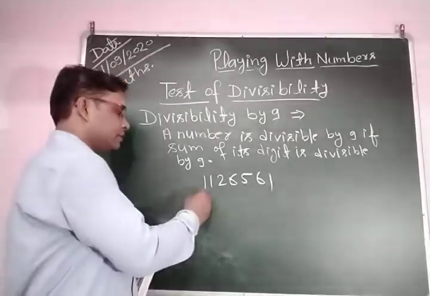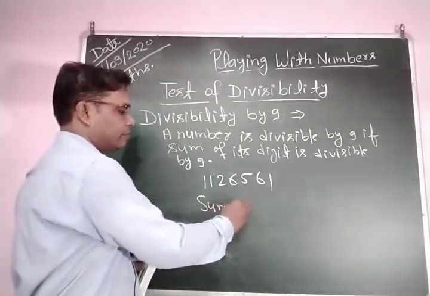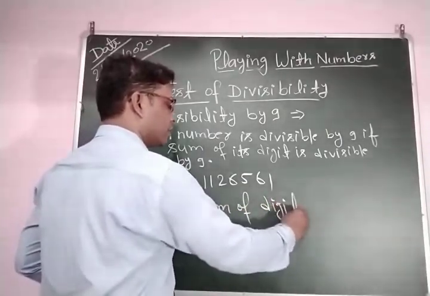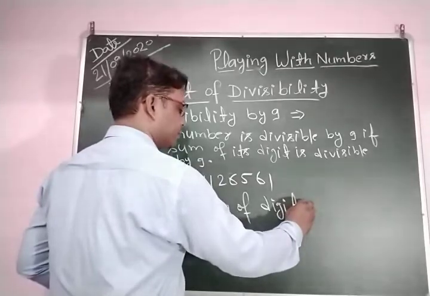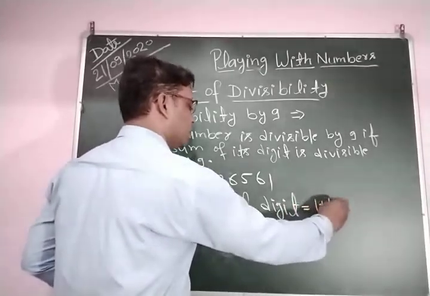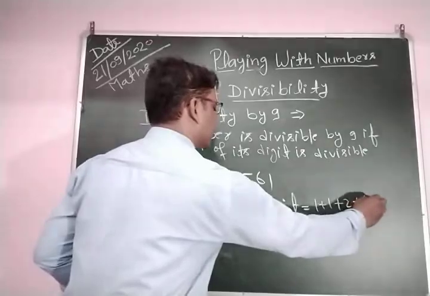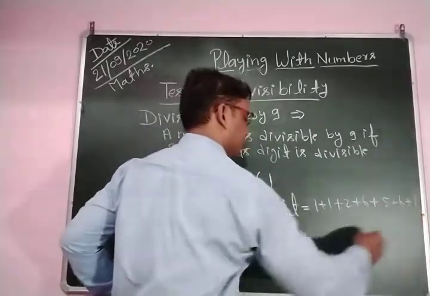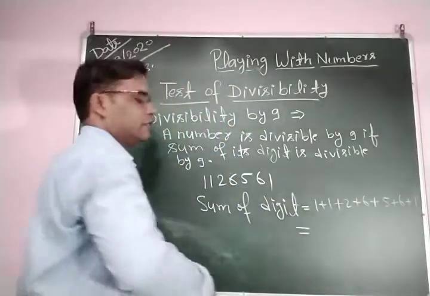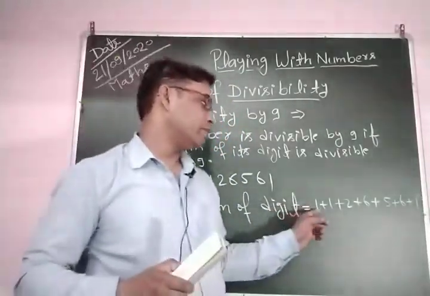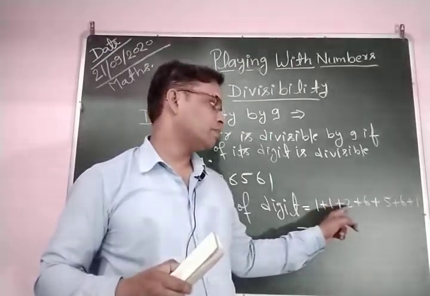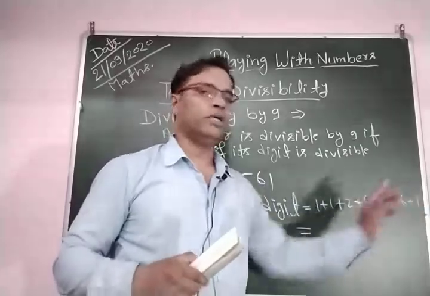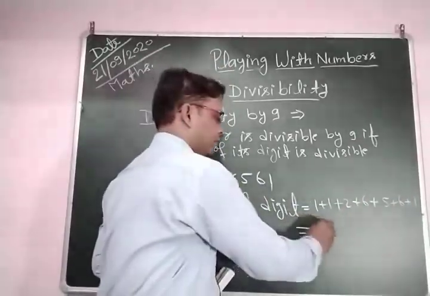The sum of digits is 1 plus 1 plus 2 plus 6 plus 5 plus 6 plus 1. Here you can see: 1 plus 1 is 2, 2 plus 2 is 4, 4 plus 6 is 10, 15, 21, 22.